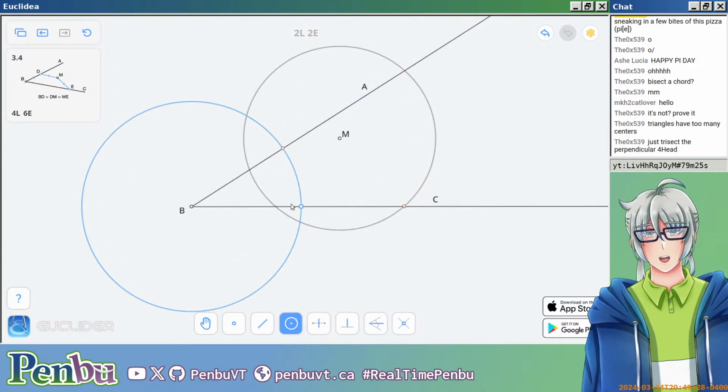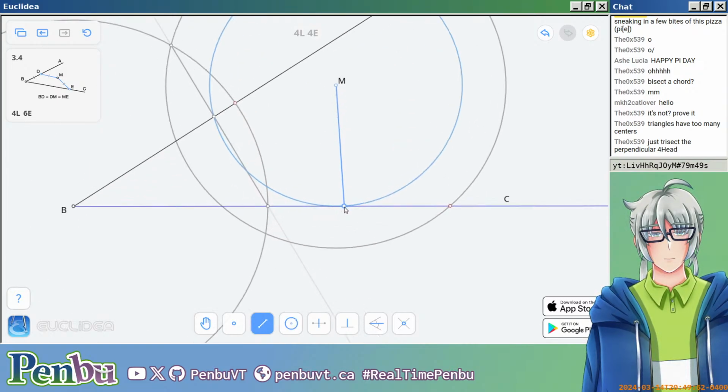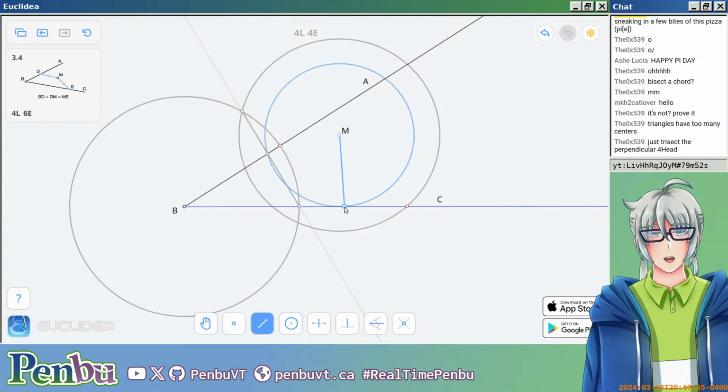Now the question is, how do we get them to be the same size? Oh, does this mean this has to intersect at one point? Actually, I suppose the angle doesn't matter here. How do we, okay, how do we even get that?